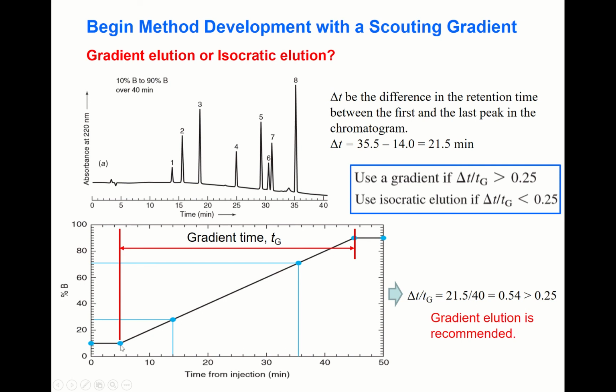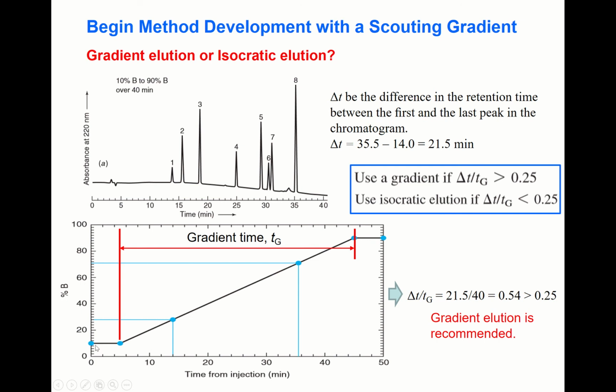Since we already knew that the dwell time is 5 minutes, you don't have to increase the B percentage from zero time, because this dwell time is kind of dead time.